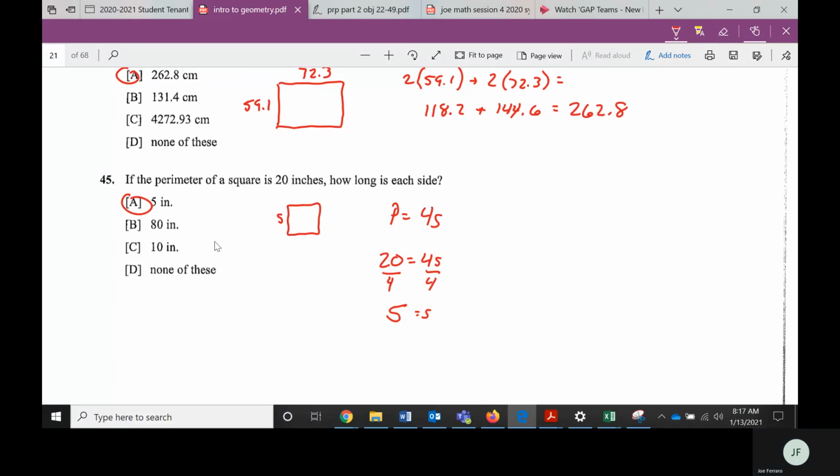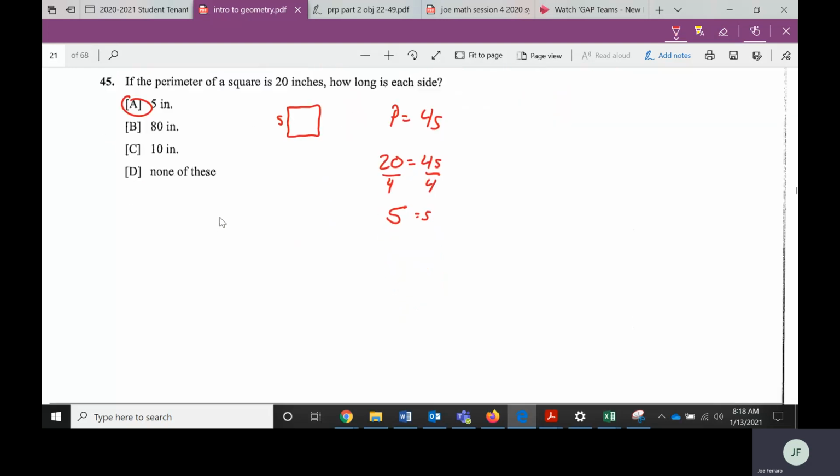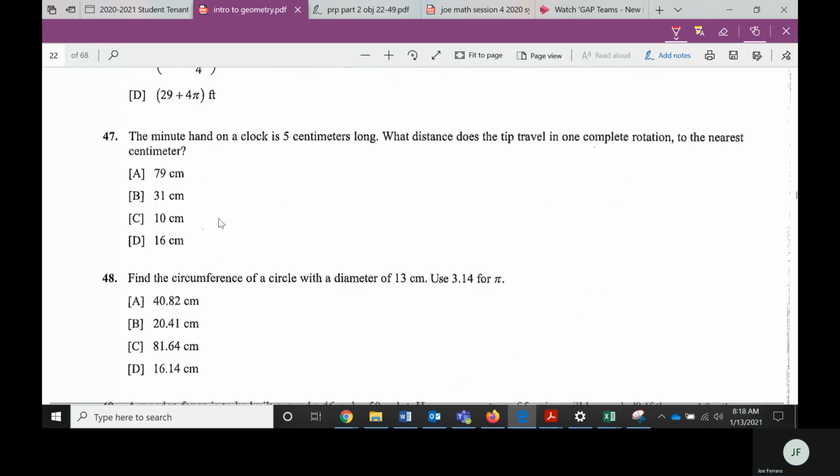So that's the main thing on that problem: don't just say, oh, square and 20, each side's 20, so the perimeter is 80. Okay, the perimeter is 20. You have to find out how long each side is. Okay, we are now going to turn the page and go to 49.